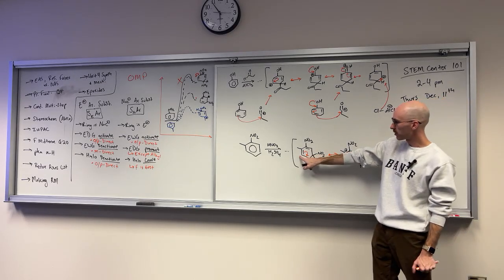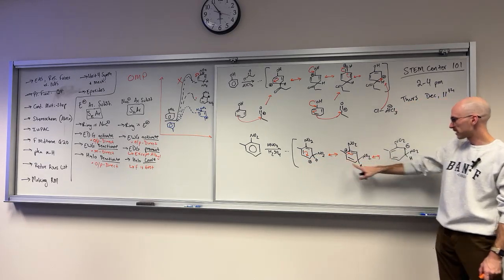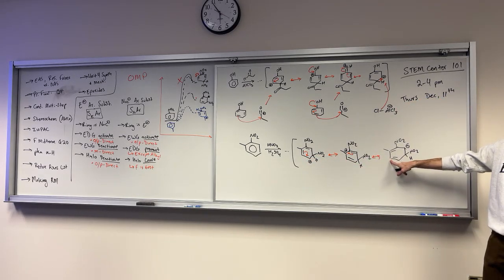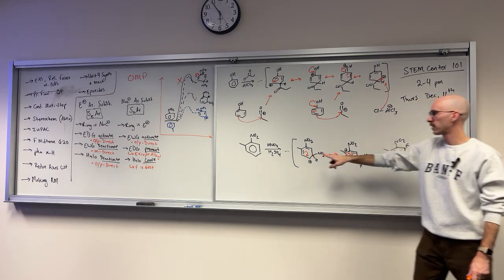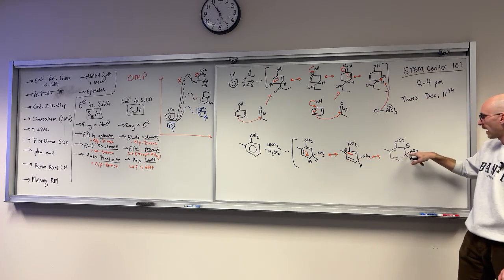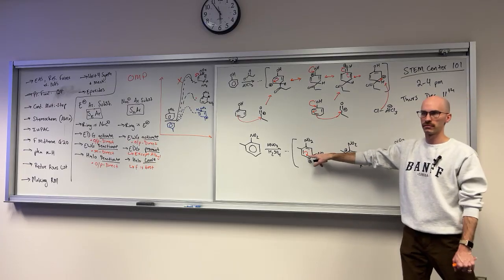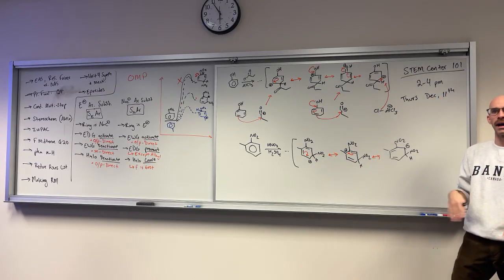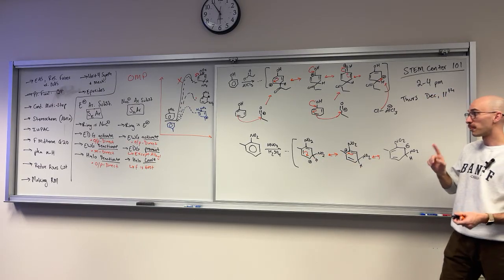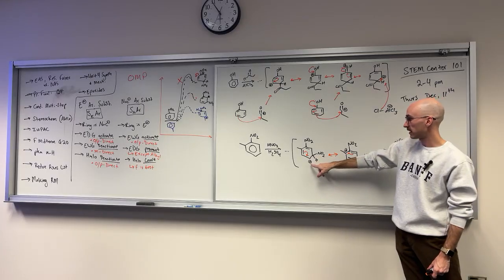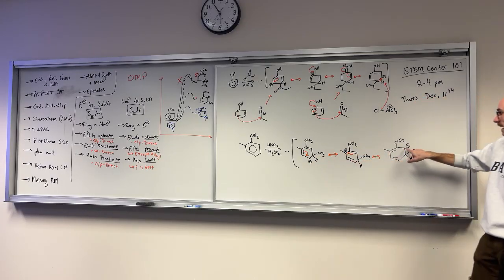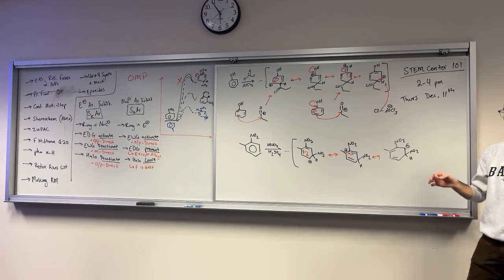You'll notice that positive charge never sat on an ortho carbon. So the only thing that would change is that this ortho carbon would be the sp3 hybridized carbon, and it would never be part of a pi bond. But the positive charges would still sit here, here, and here. The positive charges will sit on the same positions.